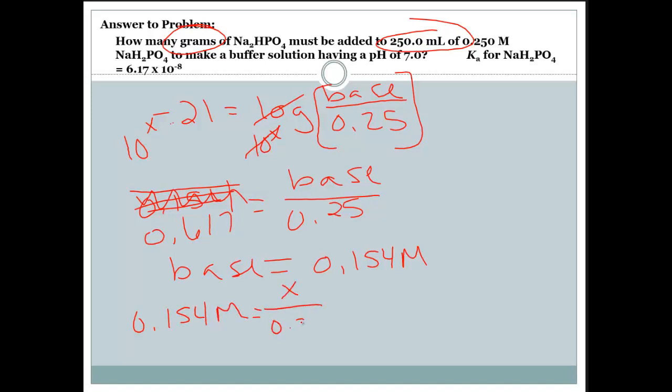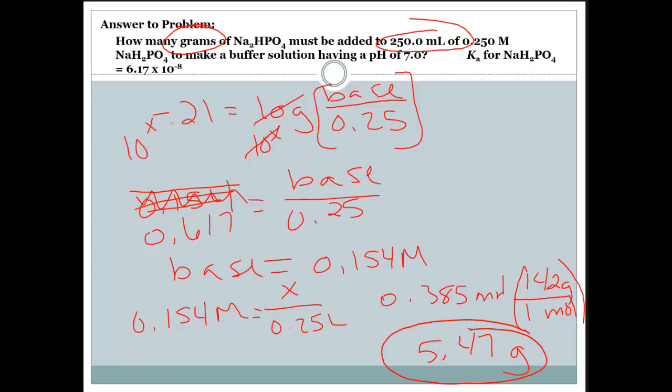Cross multiply to get how many moles there are. 0.385 moles. Now from here I use the molar mass to get to grams. 1 mole is 142 grams. Multiply that out and it comes out to be 5.47 grams. And that's how you solve for buffer equations.